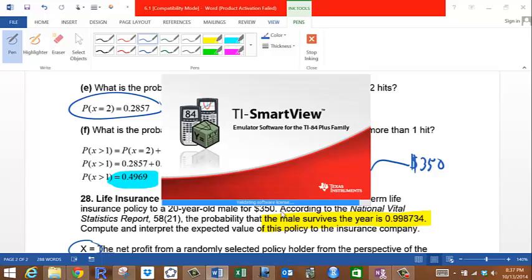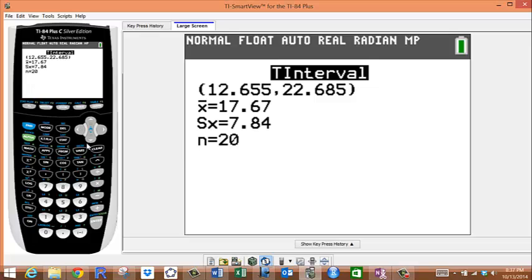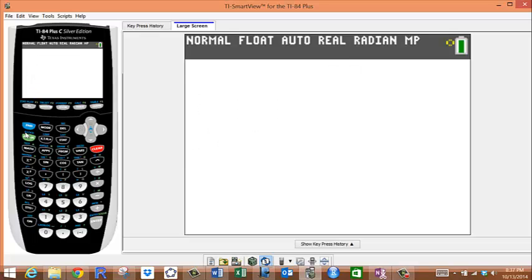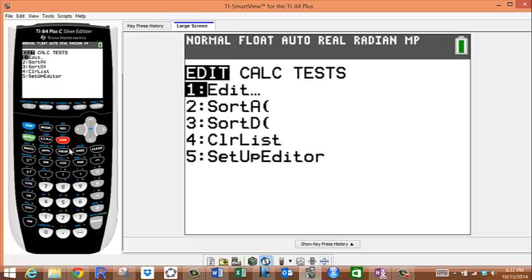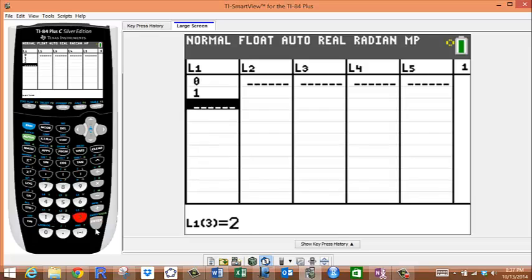Let's just take that one, number 10, that we looked at before. So the first thing we want to do is go to Stat and edit our list. And then we'll type in, and this is number 10 on page 330, x, which is 0, 1, 2, 3, 4.